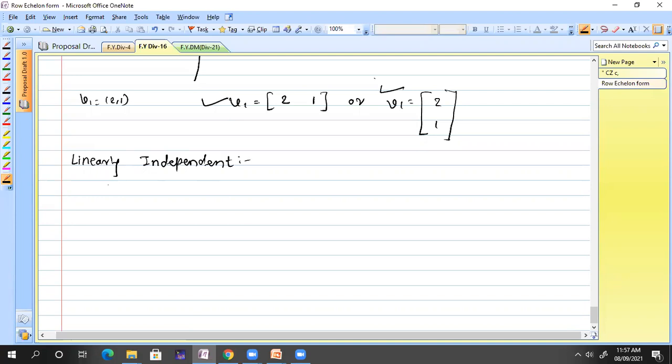Let v1, v2, up to vp be some vectors. v1 is a vector, v2 is a vector, v3 is a vector. They are linearly independent; I write LI for linearly independent.